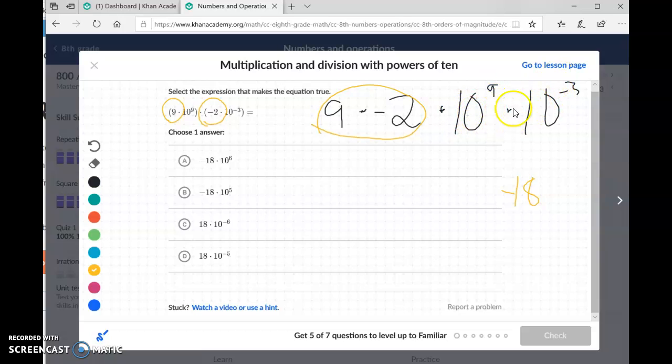If we are multiplying with exponents, then our base number stays the same. Our base number is 10. So I'm going to keep that there, times 10, and then we simply add our exponents. So 9 plus -3 gives us 6. So -18 times 10 to the 6th power. And there's the answer right there.